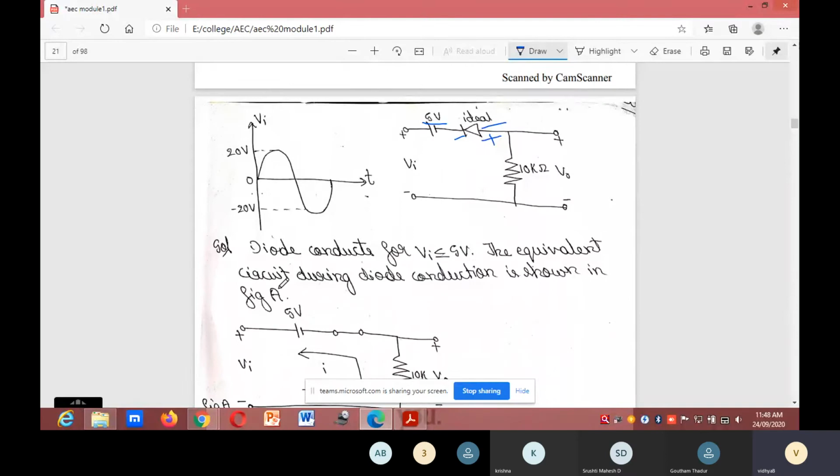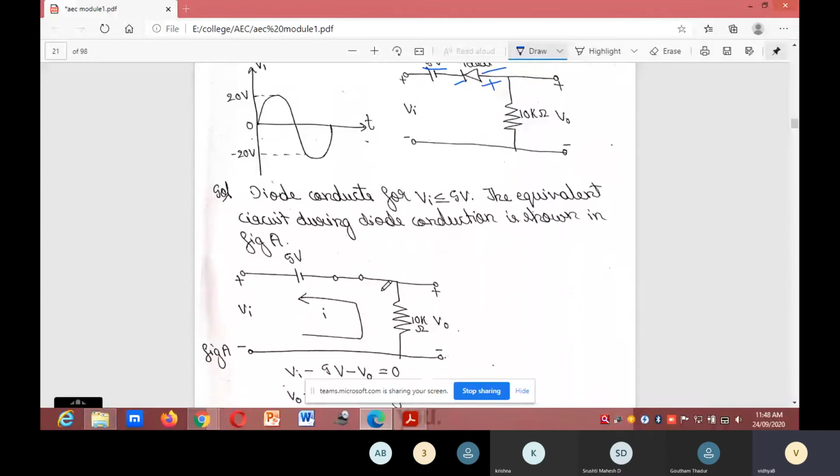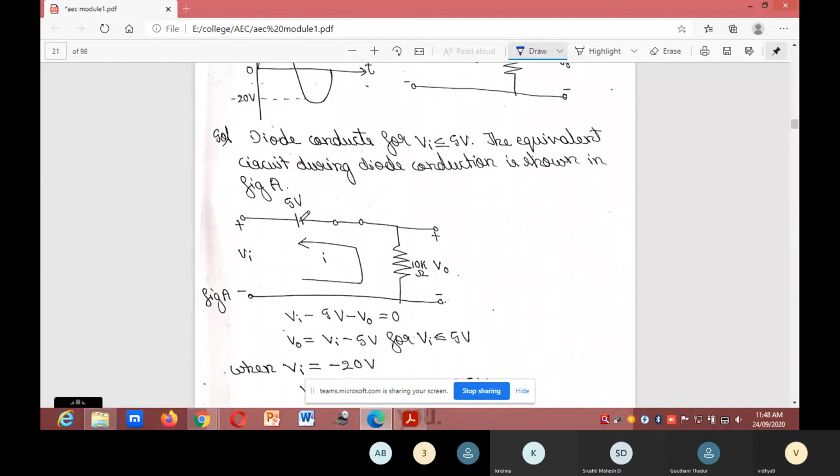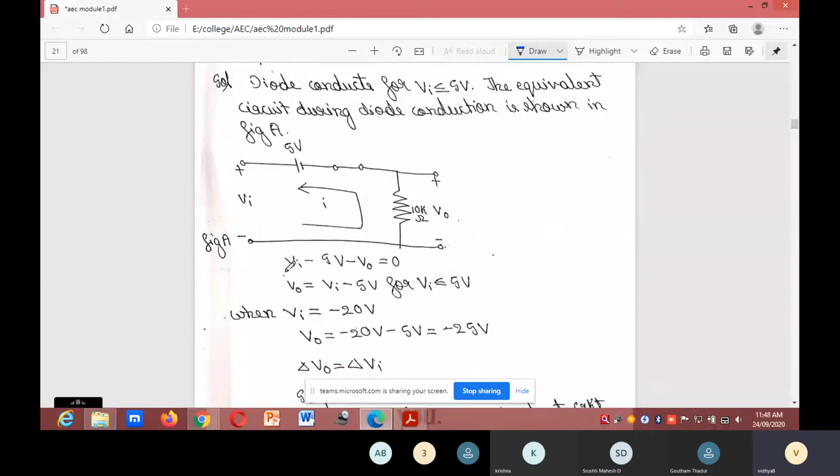The equivalent circuit during diode conduction is shown in this figure. When Vi is less than 5 volt, the diode becomes forward biased, so short circuit. For this circuit you need to write the equation. Vi, this is minus to positive, so plus Vi. Again here plus to minus.